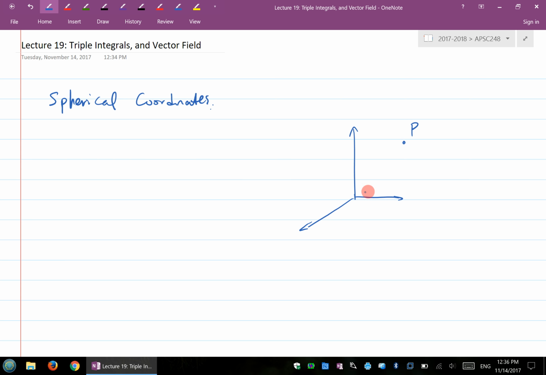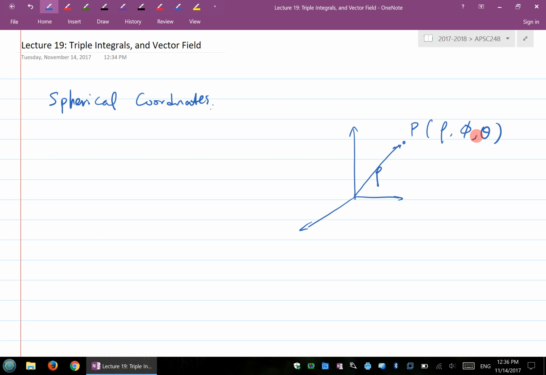So when you have a point P in 3D space, you can use a set of new variables to describe the location of point P, and we use rho, phi, theta to indicate this location.